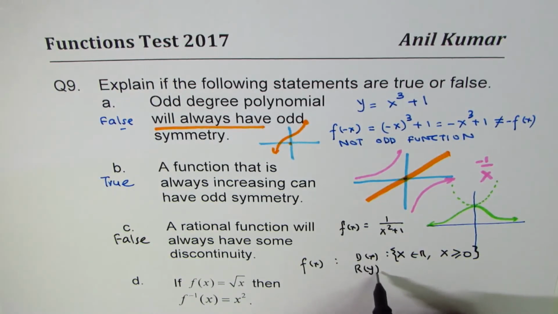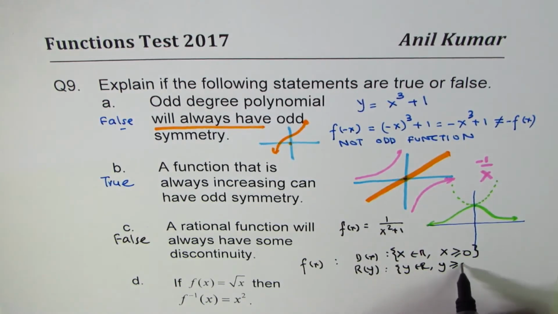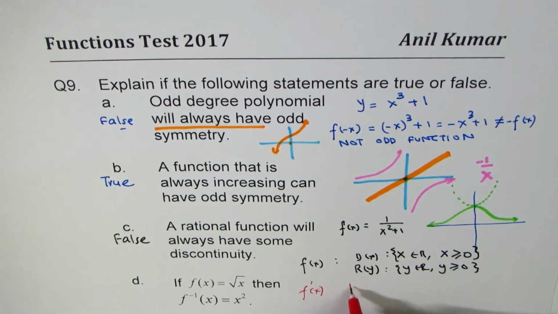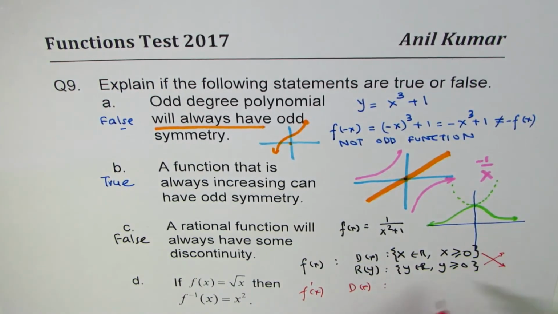As far as the range is concerned, y belongs to real numbers where y is greater than or equal to 0. Now, for the inverse function, the domain and range will get flipped, correct? So for f inverse x, the domain should be x belongs to real numbers where x is greater than or equal to 0.